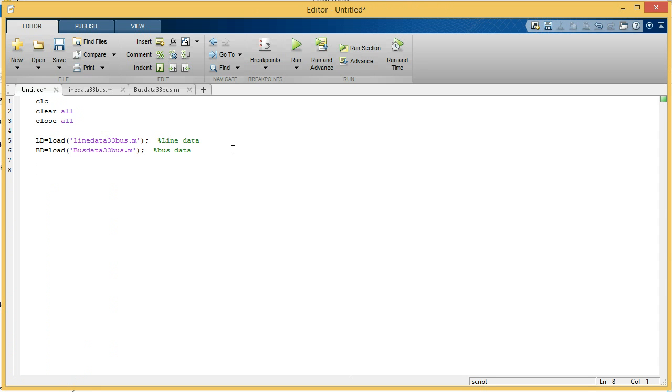After that we need to transform our data to per unit values, and we need to define our base power and base voltage. So I'm going to write S base is equal to 100, which is indicated in megavolt amperes, and my base voltage, V base, is 11 kilovolts.